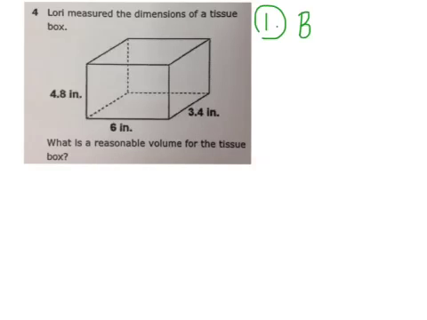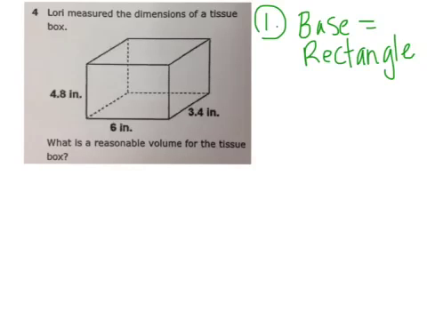The base of this object is a rectangle. It might even be a good idea for you to trace over or highlight with a color the base of the object. This will help you identify which numbers to use when finding the area of the base.